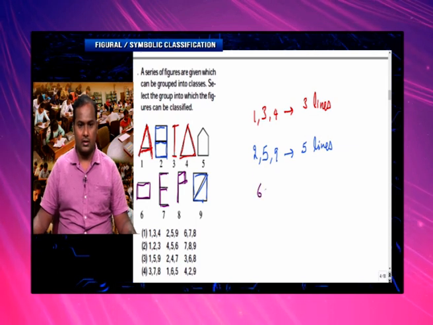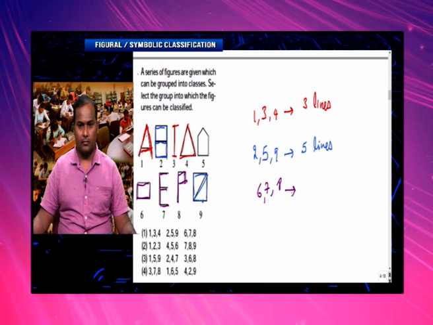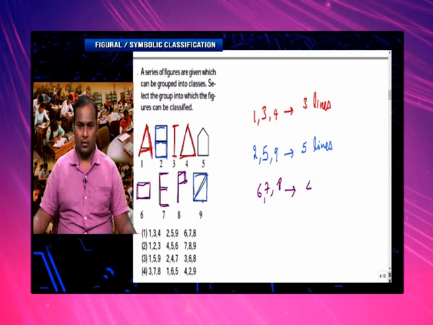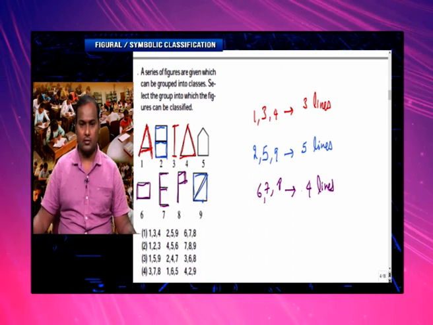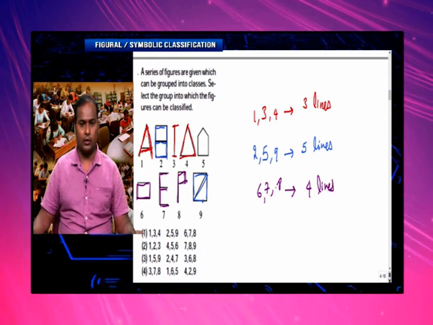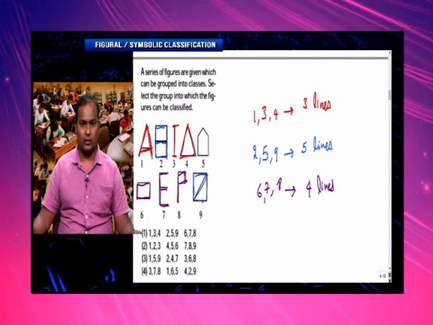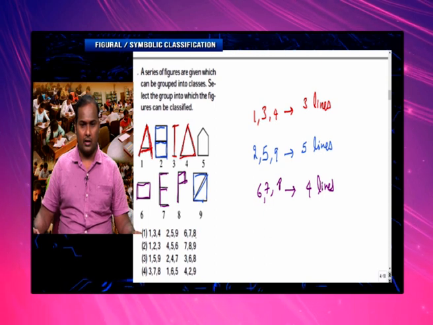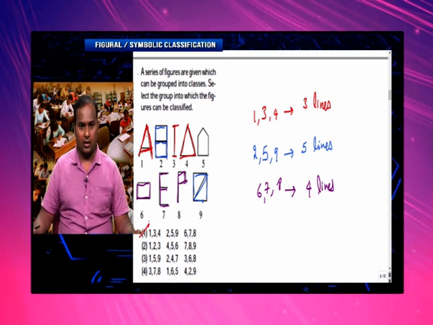So obviously 6, 7 and 8, all these 3 will form a group based on 4 lines. So based upon the character of 4 lines, we made 6, 7, 8 into one particular group. Now check the options where it is 1, 3, 4, 2, 5, 9 and 6, 7, 8. So option 1 is the answer.